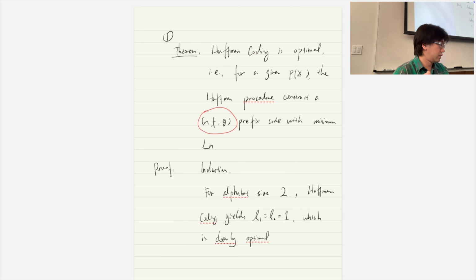So now we're going to consider where m is bigger than 2. Okay, so by induction, normally what we do is that we assume that Huffman code is optimal for m minus 1, and then we're going to show it's also optimal for m. That's how it works, right?